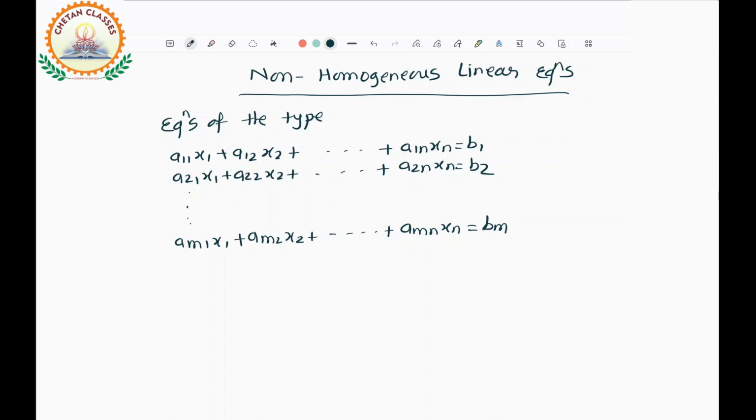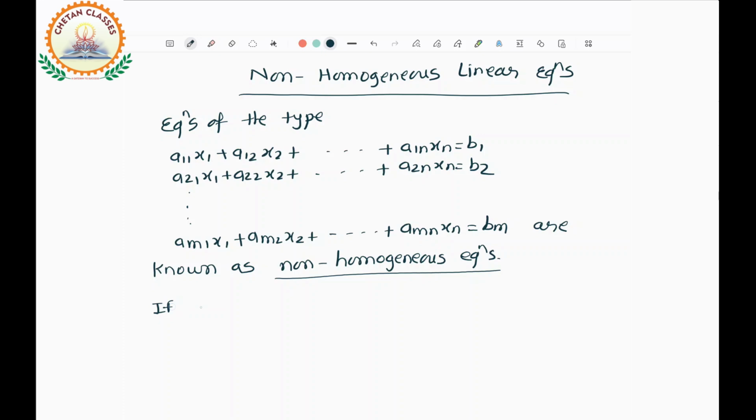This is the system of linear equations, known as non-homogeneous equations.